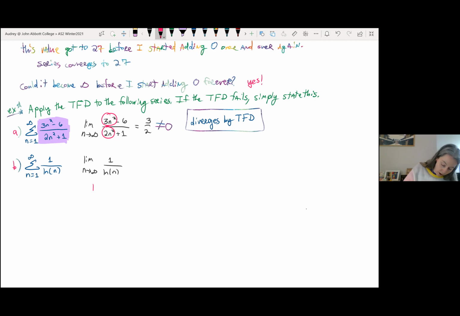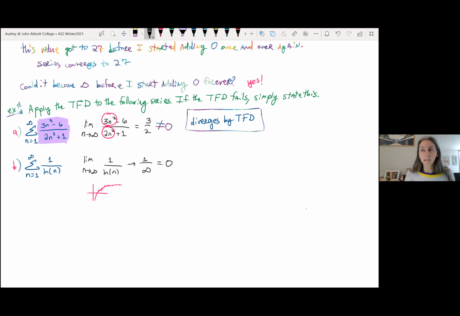If I look at the function natural log, remember it looks like that. The sequence would be like just little dots at the whole numbers. So clearly this is still going to infinity, so this would be like 1 over infinity, which is equal to 0.